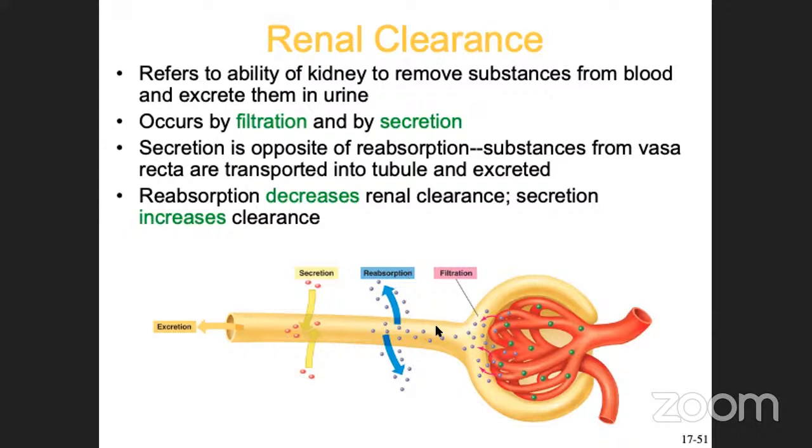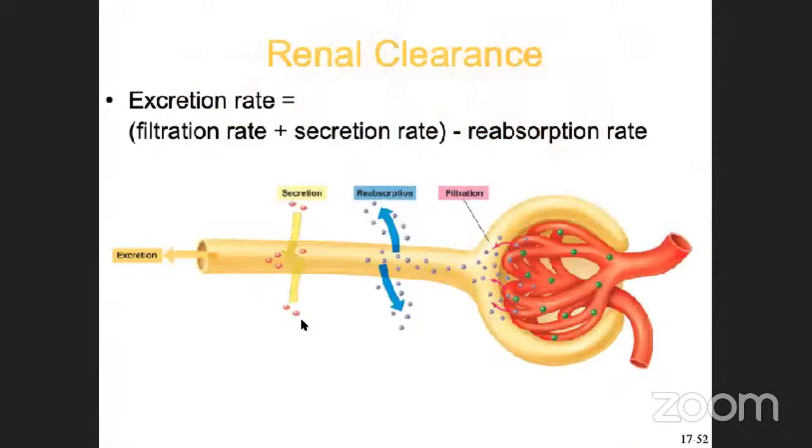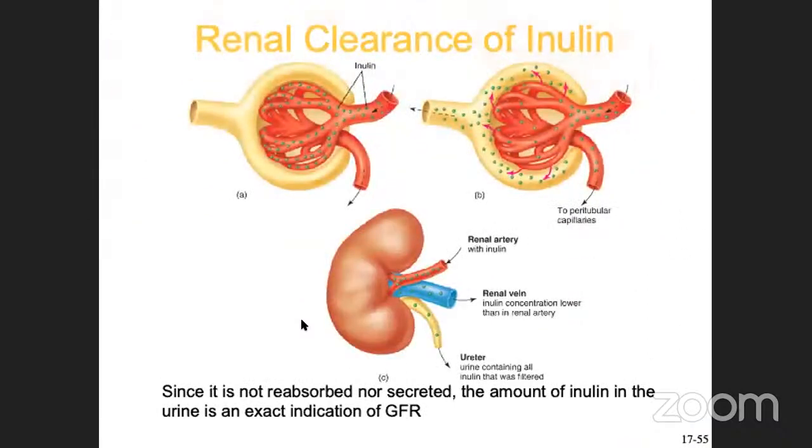Reabsorption occurs at the PCT and some at the loop of Henle, and the secretion towards a later stage of the tubules, like the DCT and collecting duct, before it is excreted as urine. So that is the renal clearance. In other words, excretion rate equals the filtration rate plus the secretion rate minus the reabsorption rate. This is only the formula.